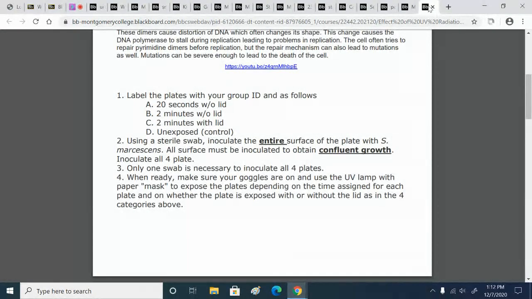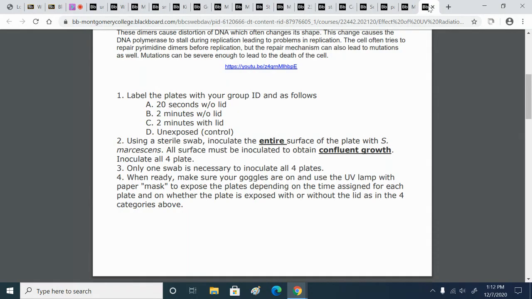So what we did is we covered the entire surface of the agar plate with our bacteria, and we were using Serratia marcescens, which produces a deep red pigment. And then we exposed two plates to UV without the plastic lid on.